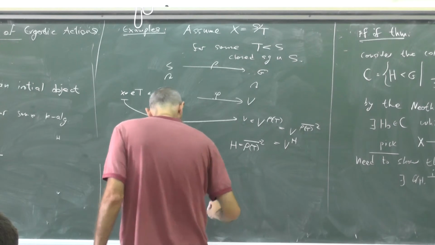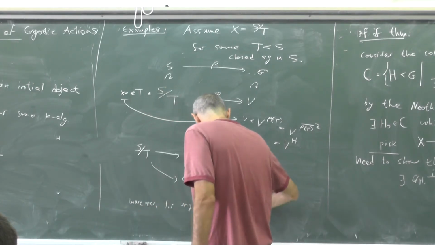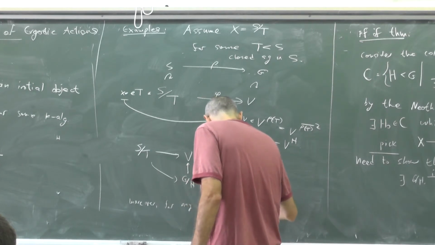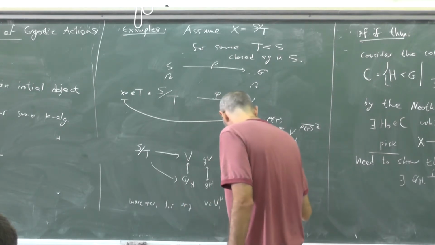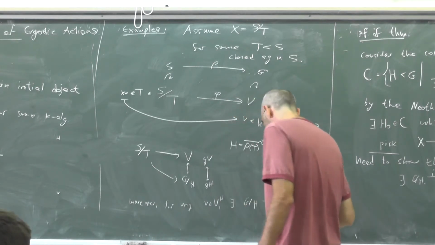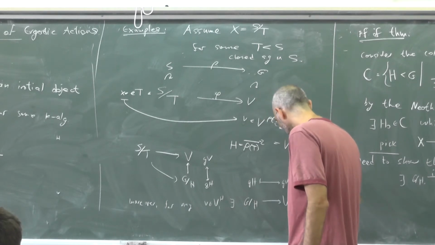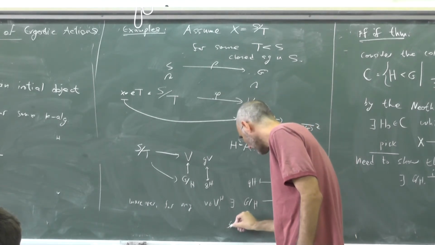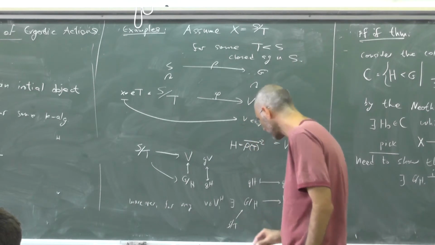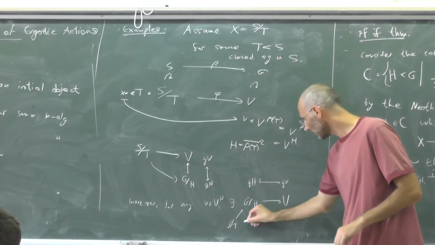For any V in V or V in V^H, there exists a map G mod H to V. Again, G H goes to G B. So many arrows.